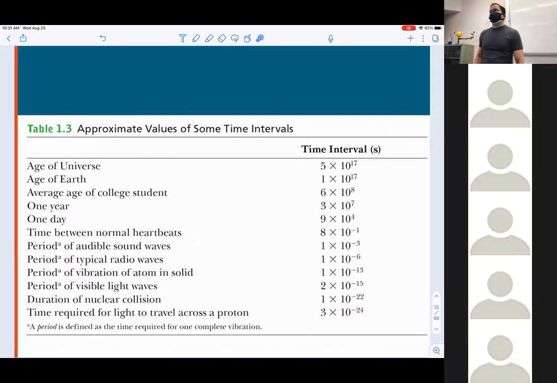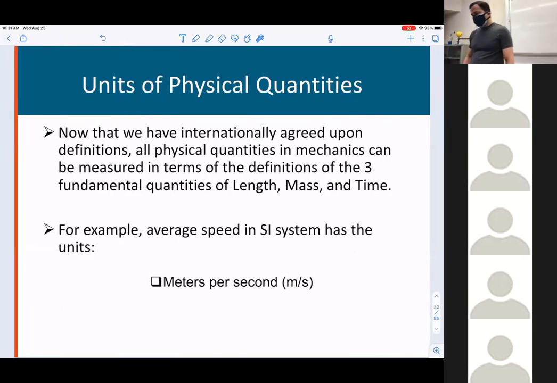Ridiculously small time, 10 to the minus 24 seconds. That's about 1 trillionth of a second. That's how quickly it can go across. It will still take 4 years to get to Proxima Centauri, but it can go across a proton really fast.